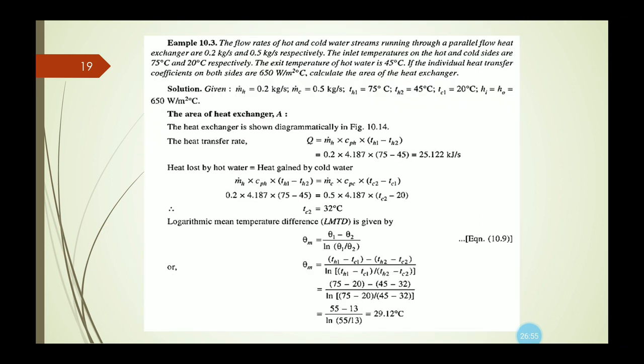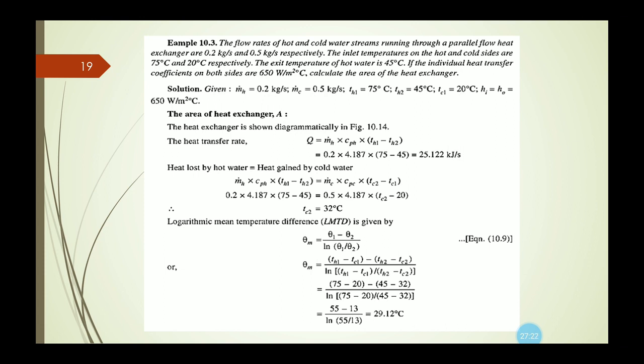Now let us discuss the numericals based on this LMTD formula for parallel and counter flow type heat exchangers. The question says: the flow rates of hot and cold water streams running through a parallel flow heat exchanger are 0.2 kg per second and 0.5 kg per second respectively.